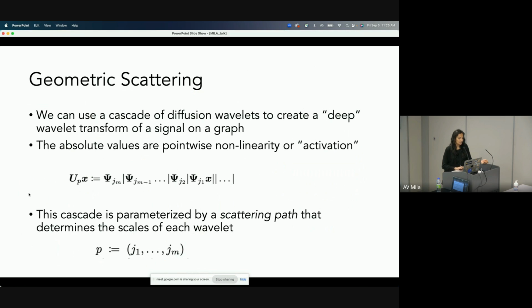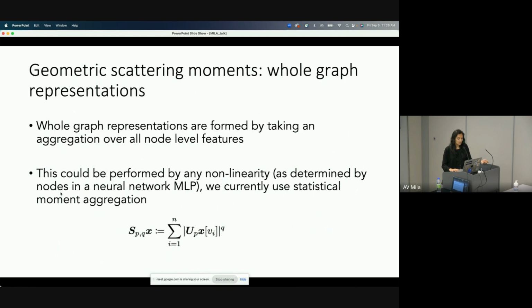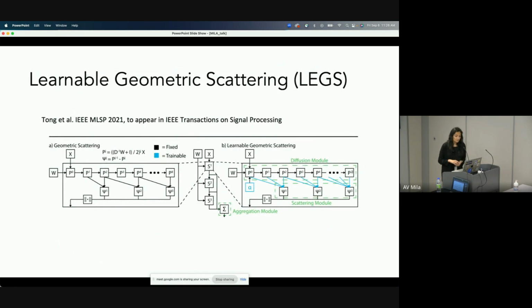This creates a deep neural network like a graph neural network, but doing this diffusion-based message passing, if you will. Each of these creates a scattering path, and at the end you have different signals coming out of each level. To get a whole graph-based representation, you can aggregate these signals over the graph using statistical moment aggregation.